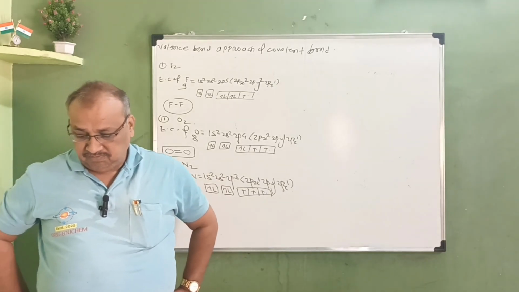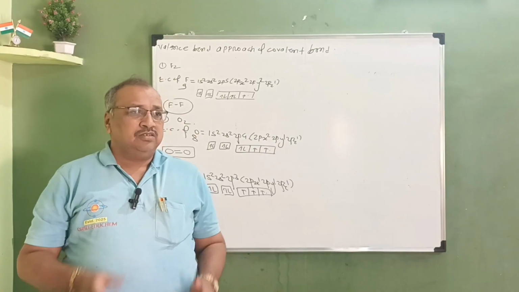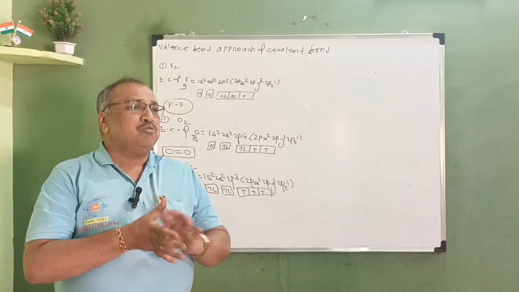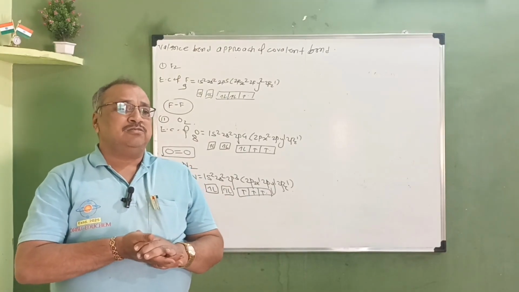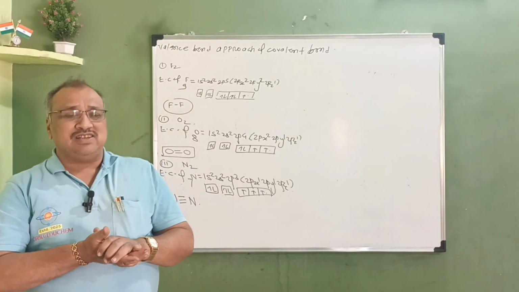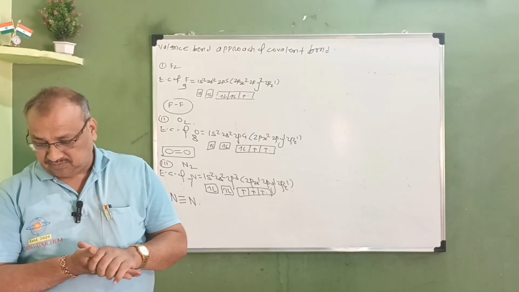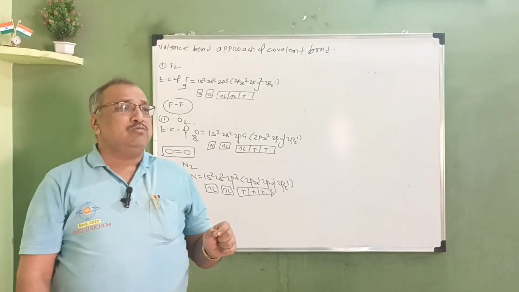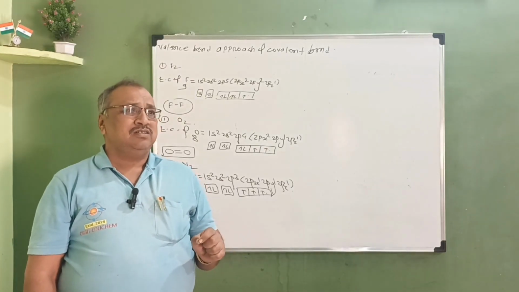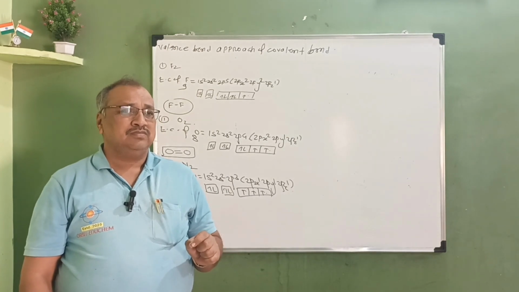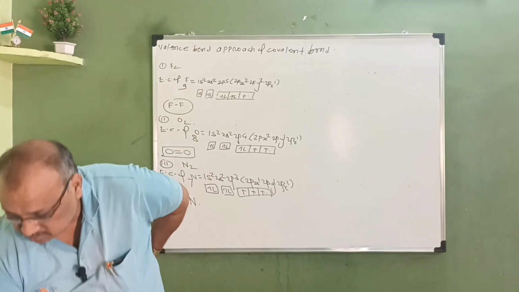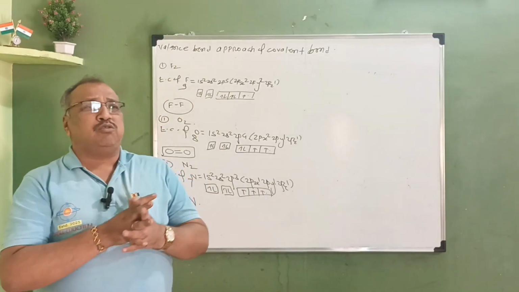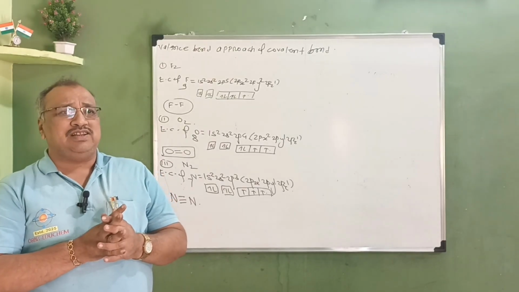Now, one most important postulate is that the electron density between the two nuclei increases during the process of overlapping of atomic orbitals.